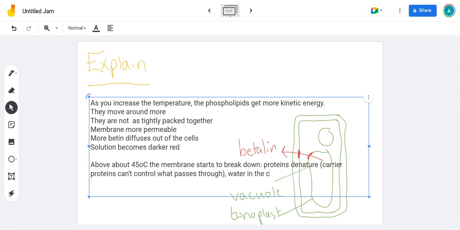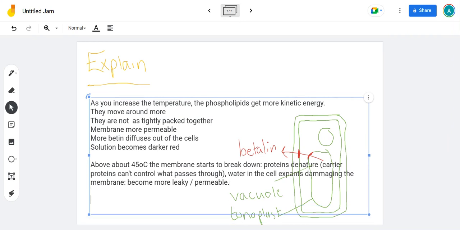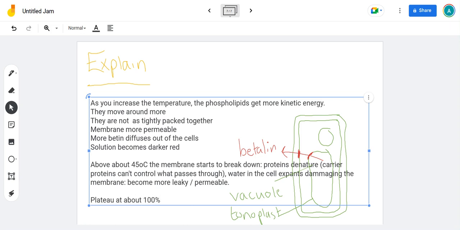Water in the cell expands, damaging the membrane. Okay, and it becomes more leaky or permeable. All right, it's obviously then going to plateau at about 100% absorbance. It can't go above 100, can it?